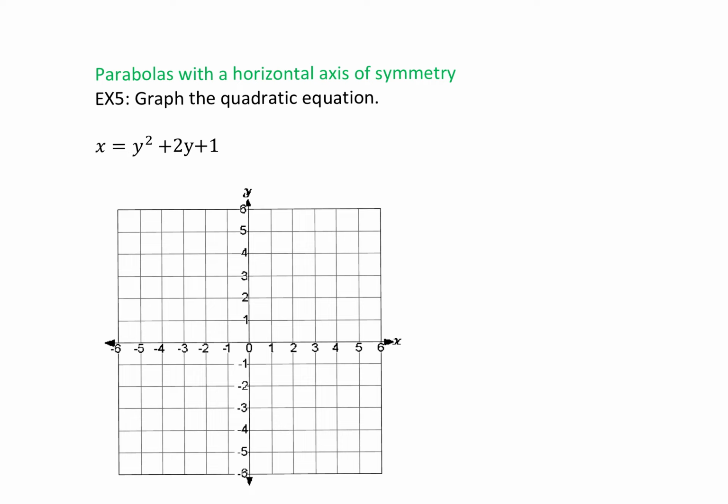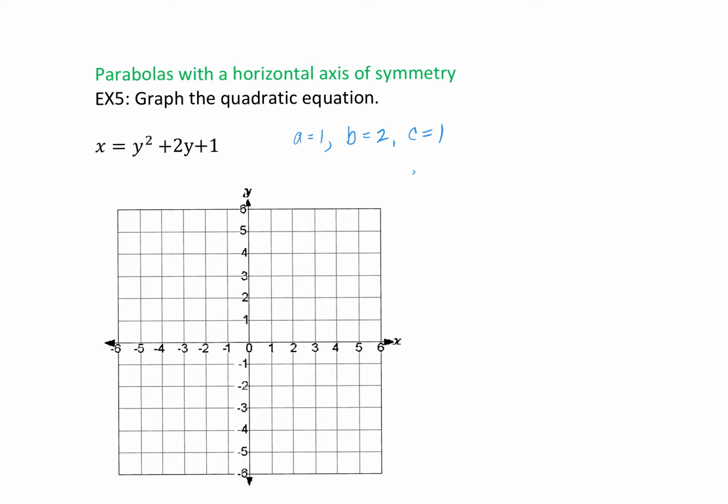Similar to parabolas opening up and down, first thing we want to identify is our A, B, and our C, and those would still be the same. So the A value is 1, that would be the number on your y squared. B is 2, and then C is that constant value 1. So is this going to open left or right?